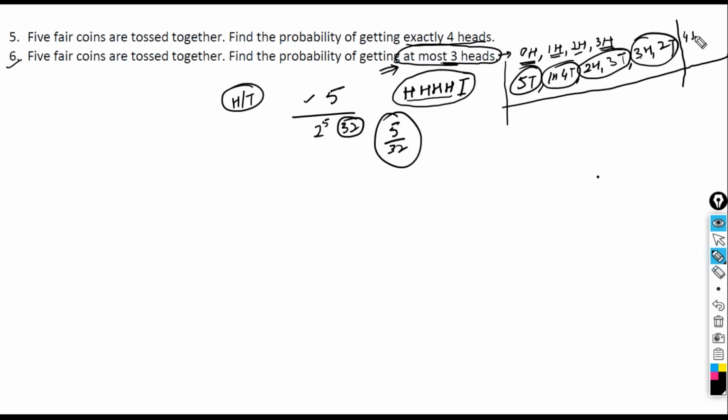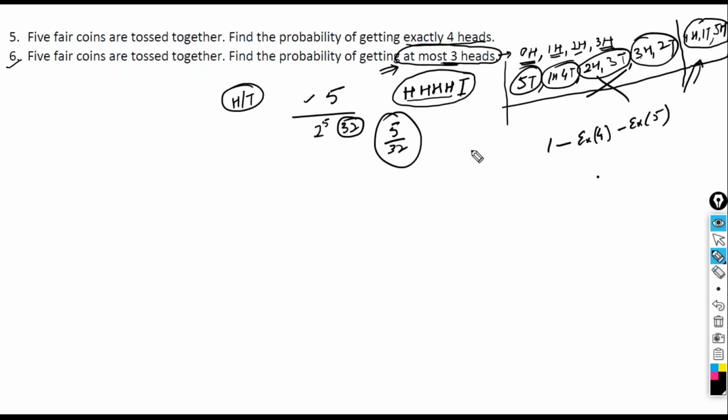The fifth possibility will be four heads and one tail. The sixth possibility will be when all five are heads. So it's better to solve this part of the question instead of that. If we find this probability, the required answer will be 1 minus the probability that we get at least four heads. At least four heads means exactly 4 along with exactly 5.